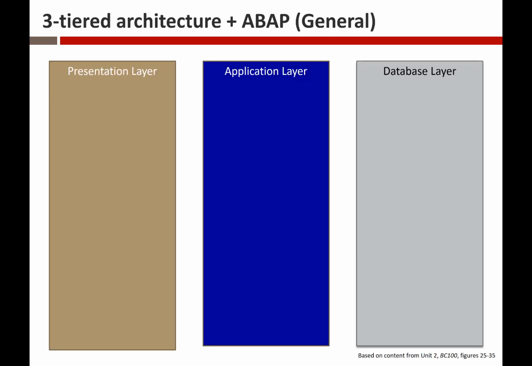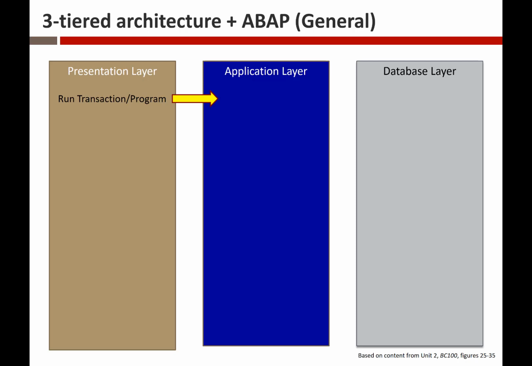So let's walk through the logistics of this, and I've changed my diagram here to be vertical instead of horizontal, just to make all of this fit. So here's what happens. An end user sits down, and either by navigating through the easy access hierarchy menu or by typing something into the transaction code box, the user runs a transaction, or what you have called to this point a transaction, but we now understand is actually an ABAP program.